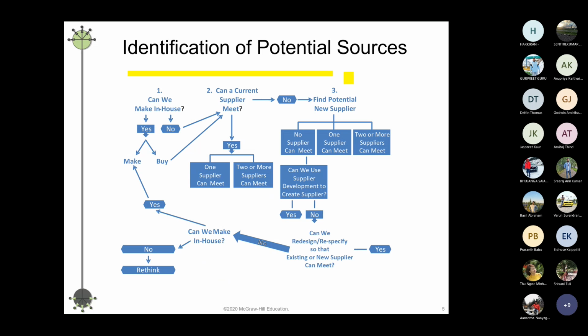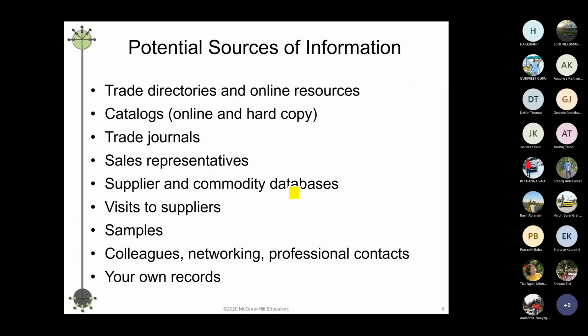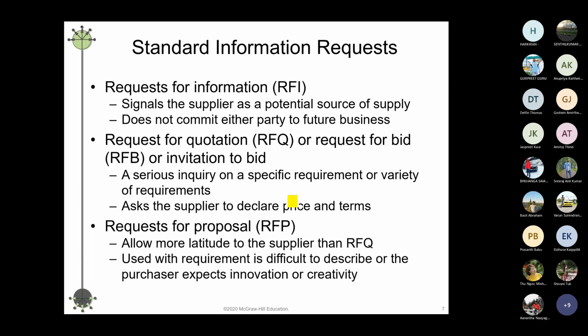And here was the entire topic in one slide, what we are going to do. I don't want to repeat it again. This is a very useful slide to summarize how you should select suppliers. The sources of finding information about suppliers are very important. And then 3 different methods to ask for information from suppliers.